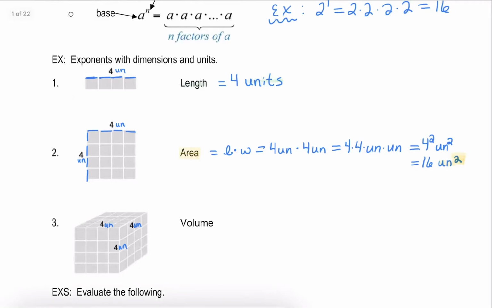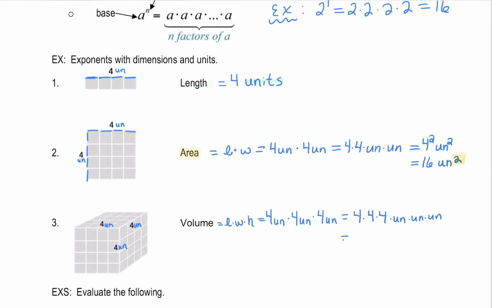All right, so let's end this sequence of examples with volume. We know that volume is length times width times height, just multiplying those 3 dimensions, which in this case each happen to be 4 units, a nice perfect cube. Once again, I want you to think about reordering this as 4 times 4 times 4 times units times units times units.